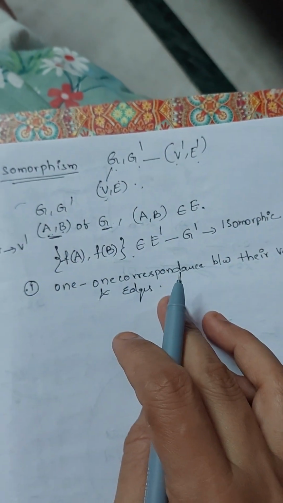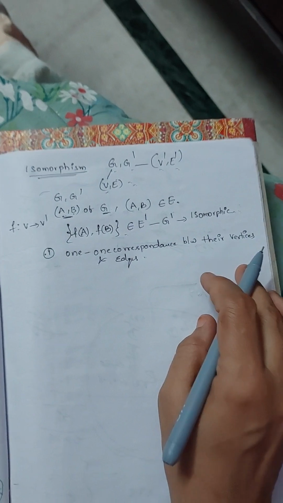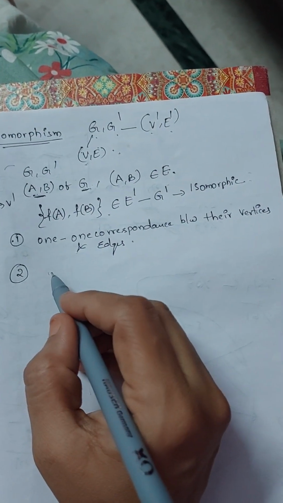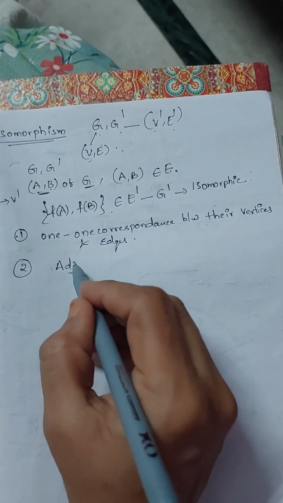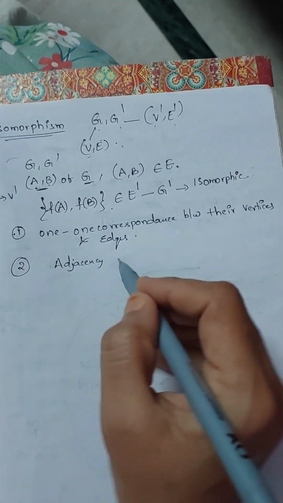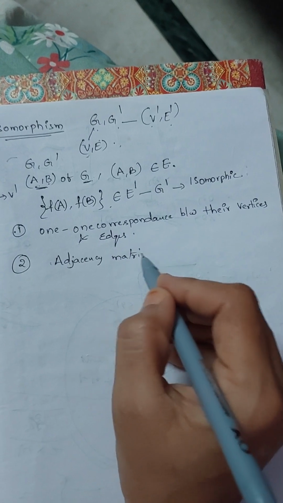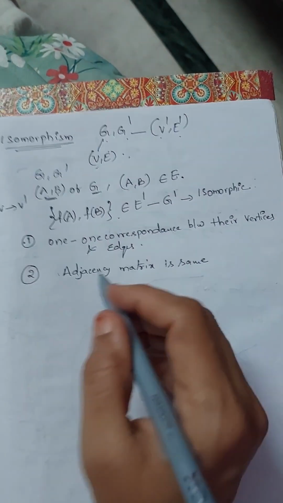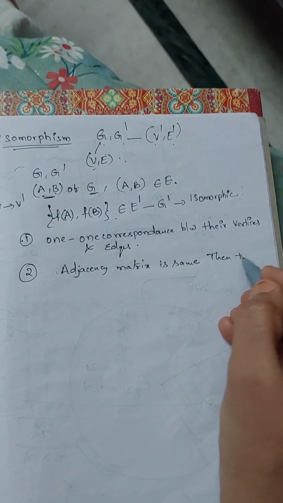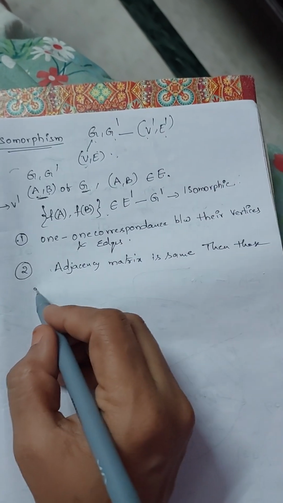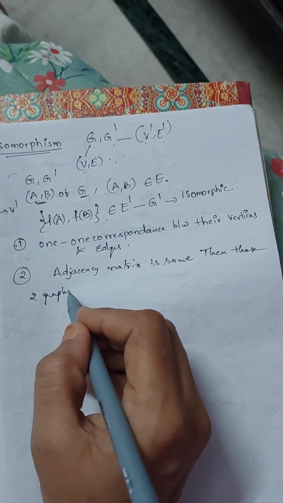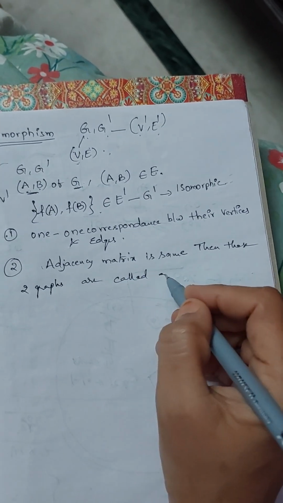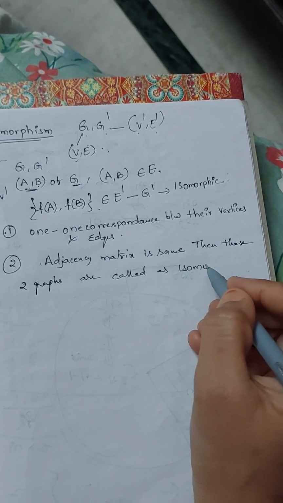That is the first point. And the second point: their adjacency matrix is the same. Then those two graphs are called isomorphic graphs.